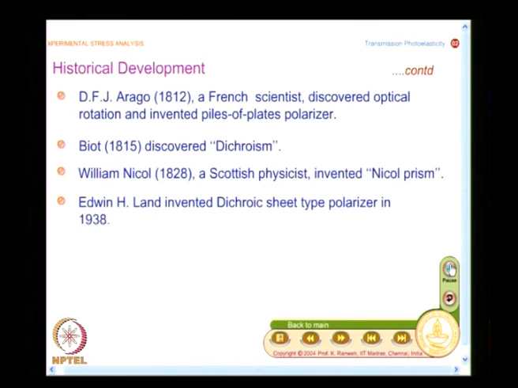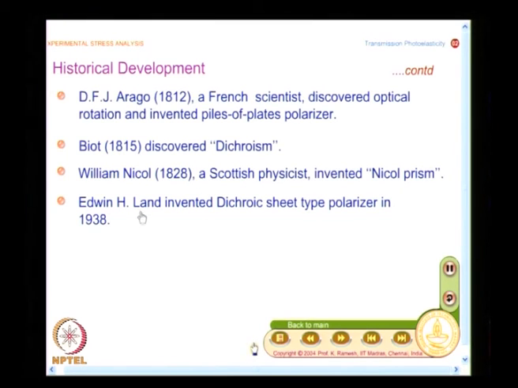And once you talk of polarization optics, you cannot forget Nicol. You have the Nicol prism, that is also another form of getting the polarized beam of light. I have already mentioned that you get a very high quality polarized beam of light when you use the prism, but the field of view is limited.